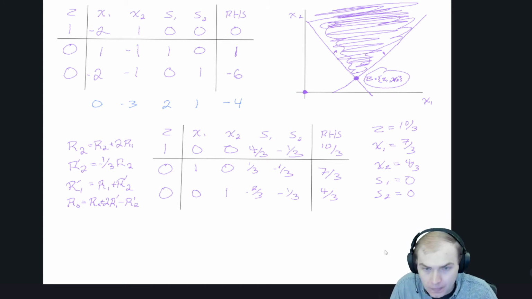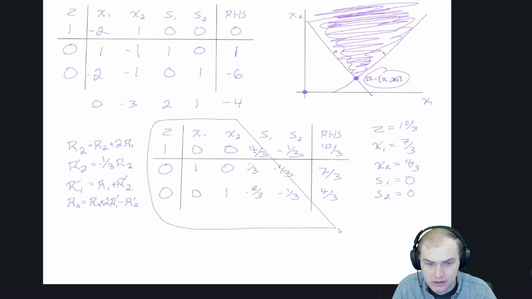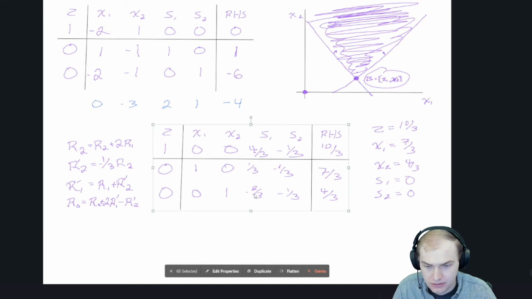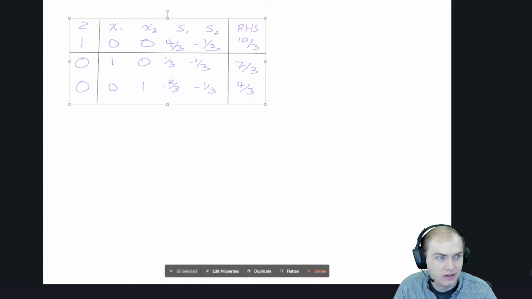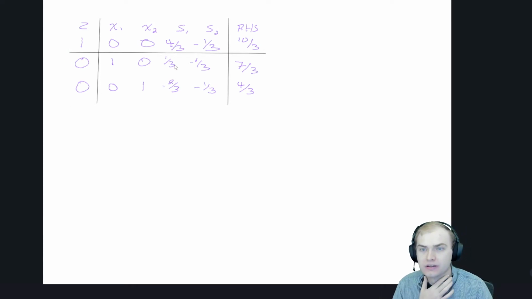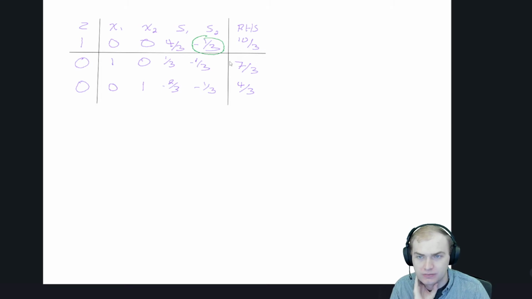Anyway, so now we can do a more traditional simplex iteration. So let's copy that and do what we did yesterday, which is find the smallest negative in the objective function row.